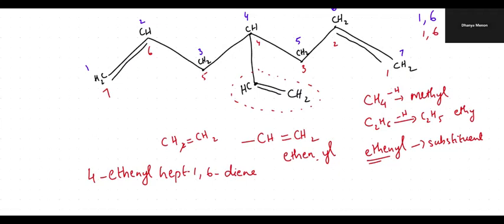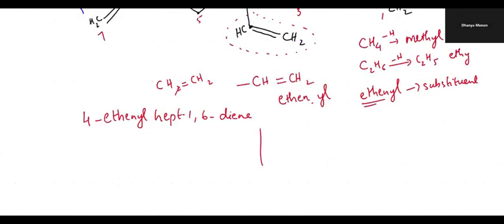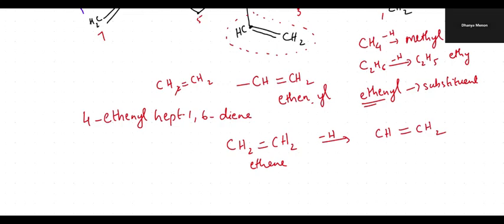So just to explain once again, this is the ethene group. One hydrogen has been removed. We have CH double bond CH2, and from here it is connected to the main group.